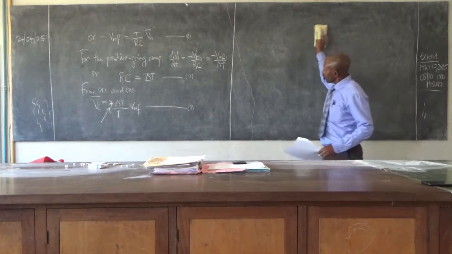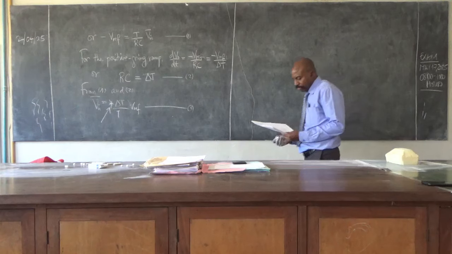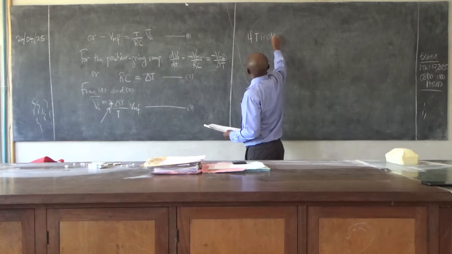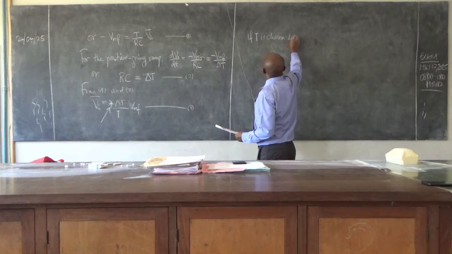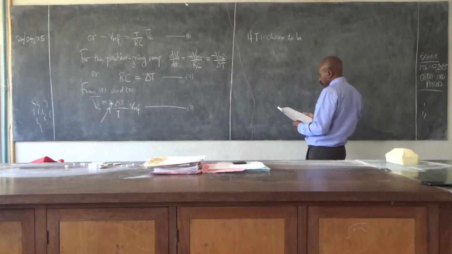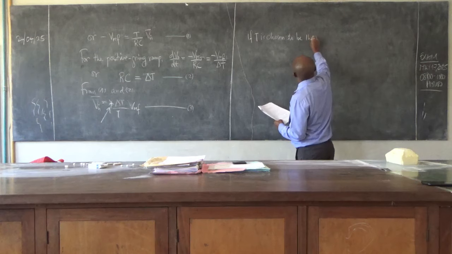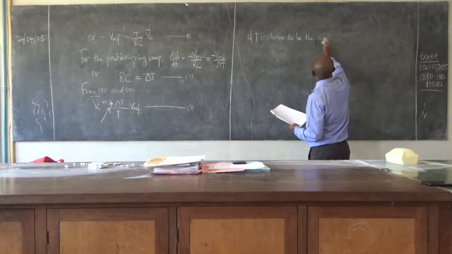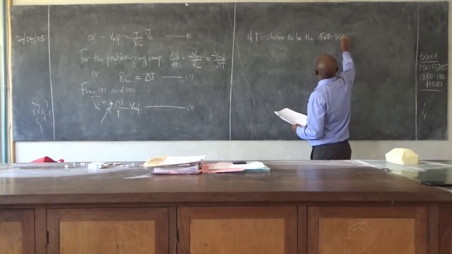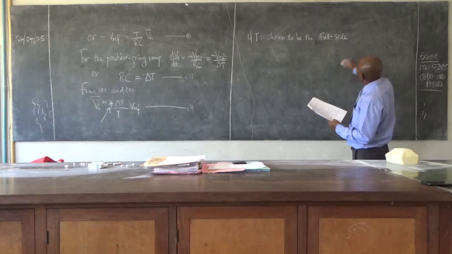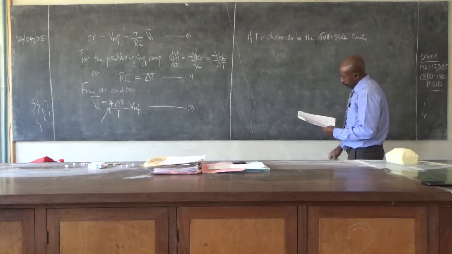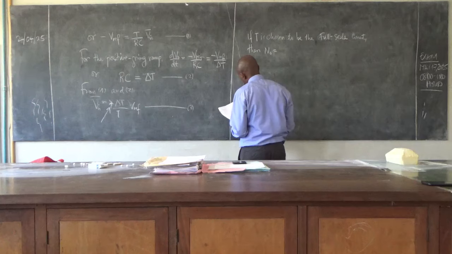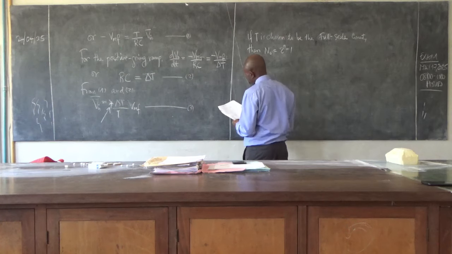So finally, not finally, but on this part, if T is chosen to be the full scale, let me use the full scale count, then n naught will be equal to 2 to the power n minus 1.